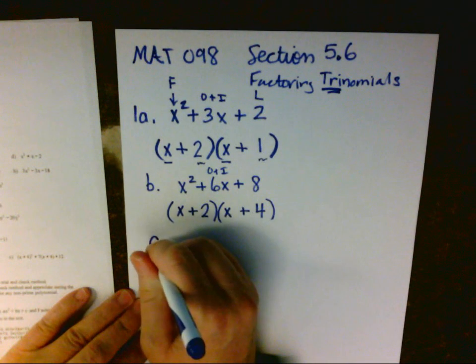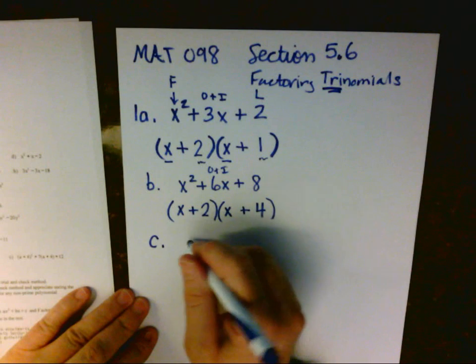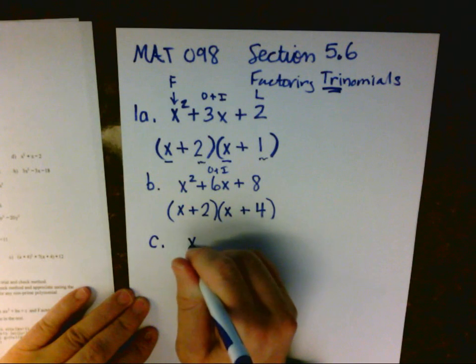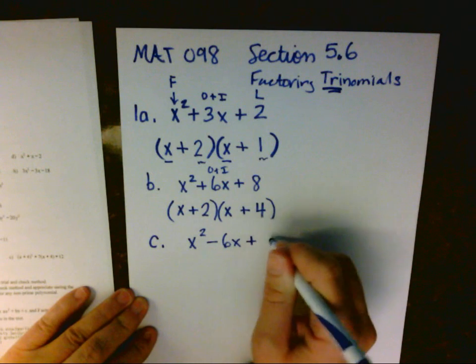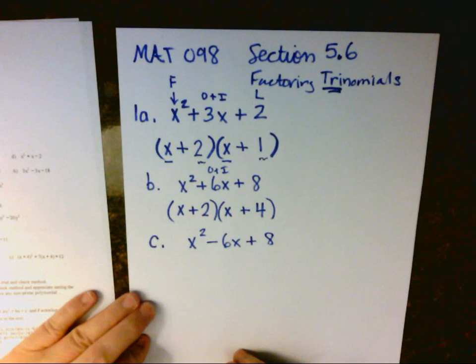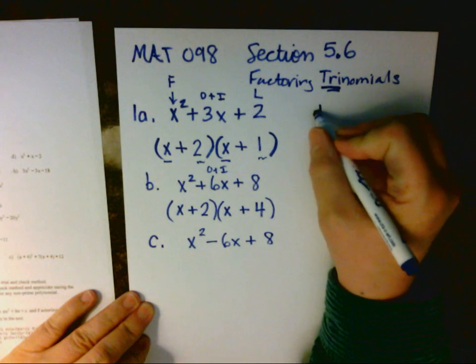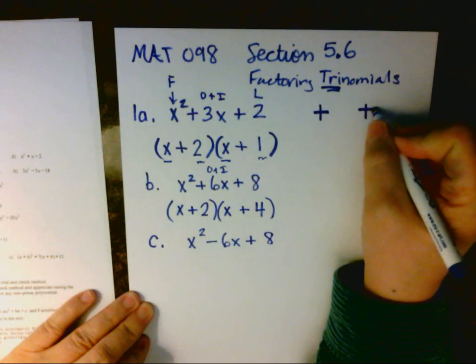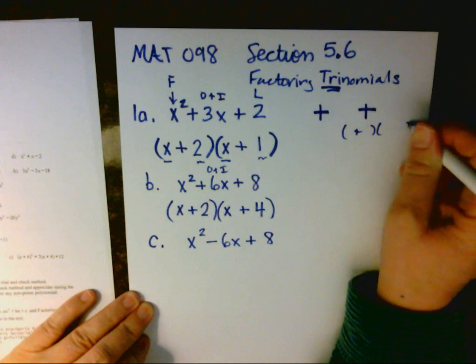In part C, okay, and this is going to be a little bit different. We have a negative sign. When you have a trinomial that has a positive and a positive, then the factors are both going to be positives.